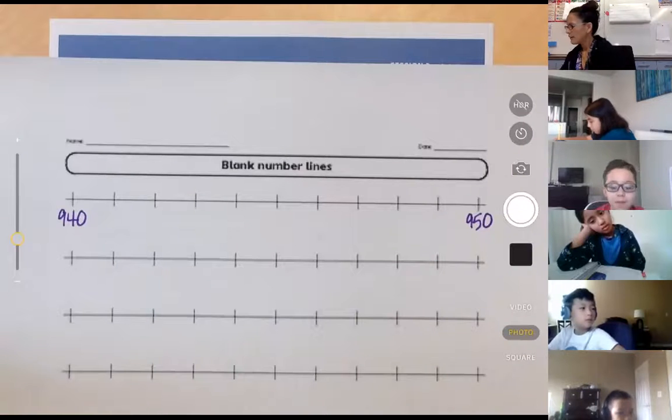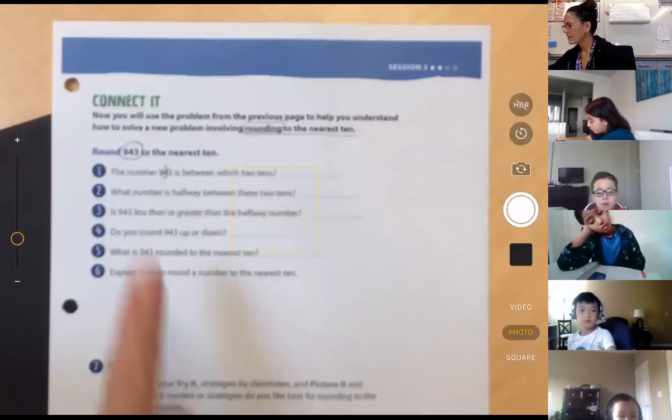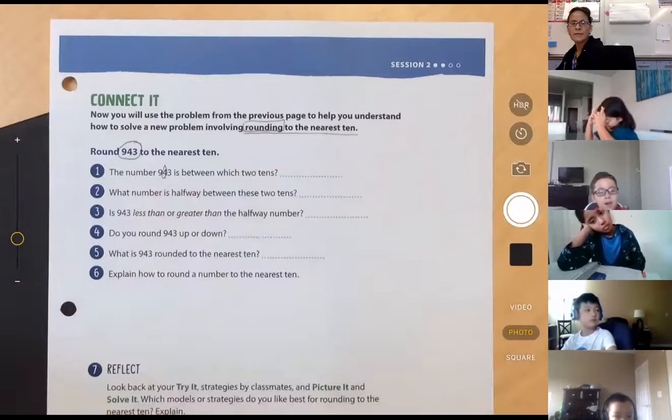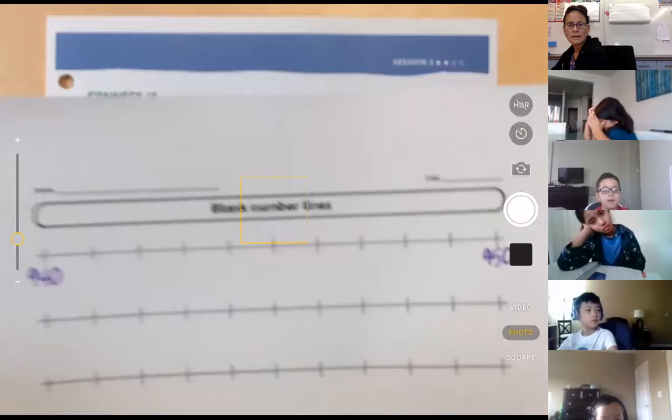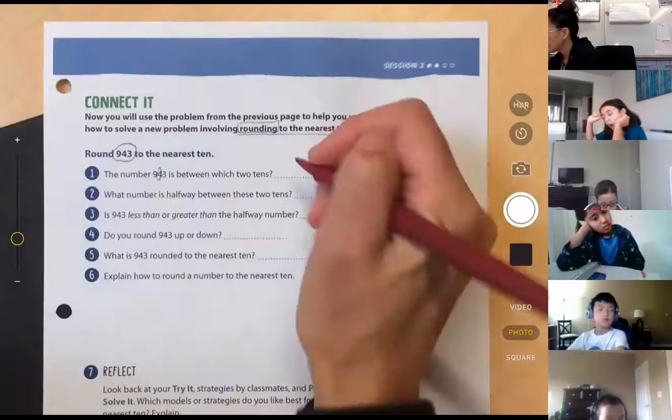So for question number 1, the number 943 is between which two tens? Well, we can see from the number line, it is between 940 and 950.